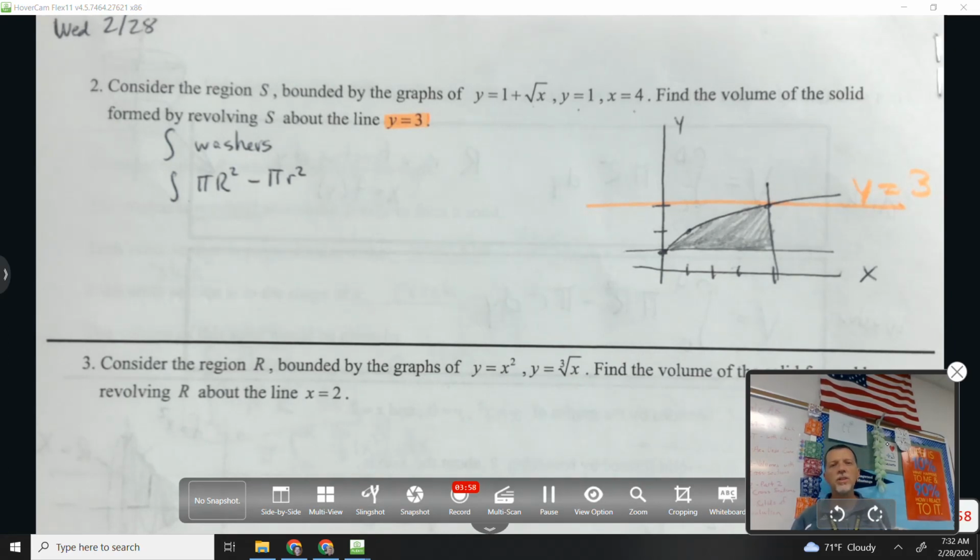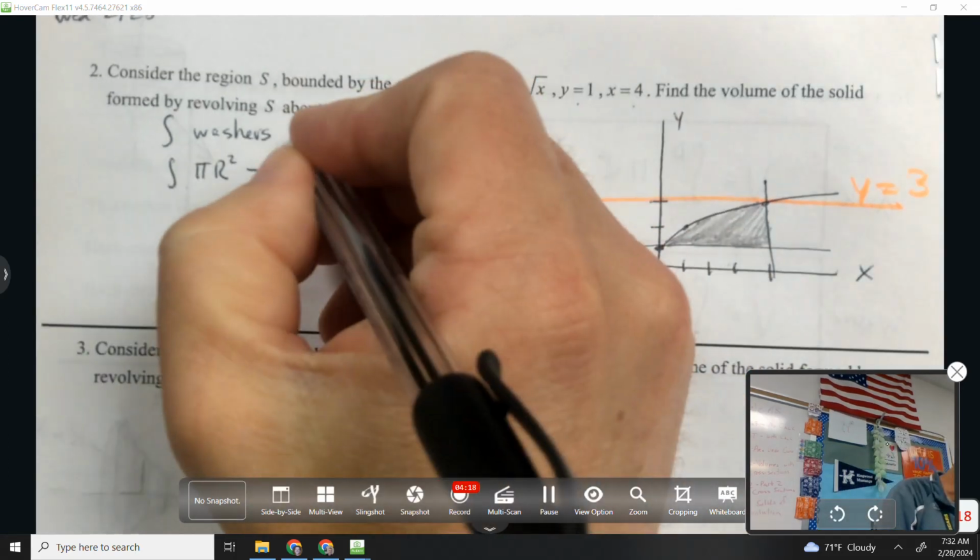Alan, I'll put you on the spot since you asked earlier. You know what I'm going to ask you. It's dx. How did you know it was dx? Because it's rotated on the y, so it's on the y line, and then you have to cut it vertically. Good answer. You're rotating around a y line, so you've got to cut vertically. Your slices will be dx.